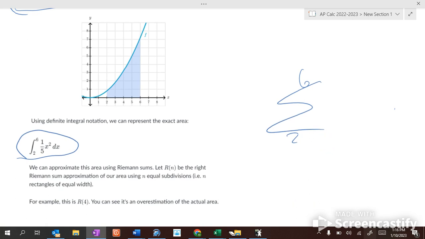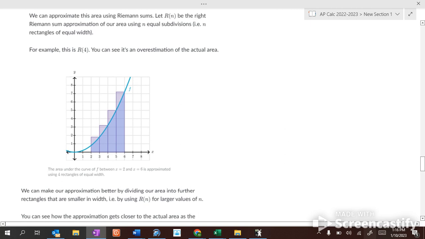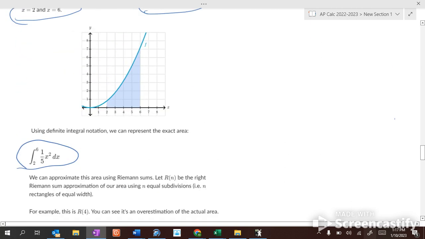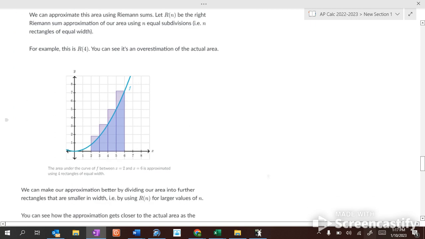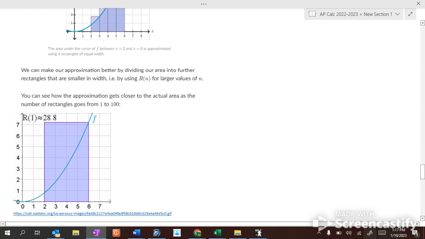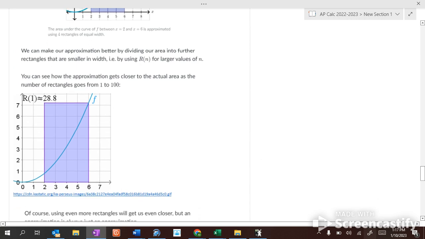Okay? Because it's a little different than a summation. So, how does this work? Well, let's say that between 2 and 6, we want to find the exact area. So this is obviously going to be an overestimate if we use a right Riemann sum. But this is a way overestimate with one rectangle. But watch what happens.